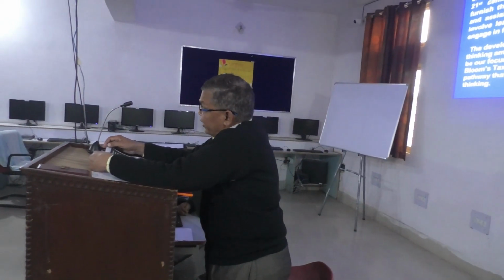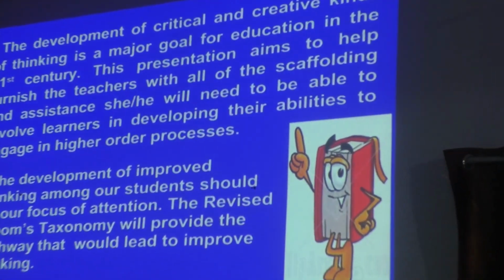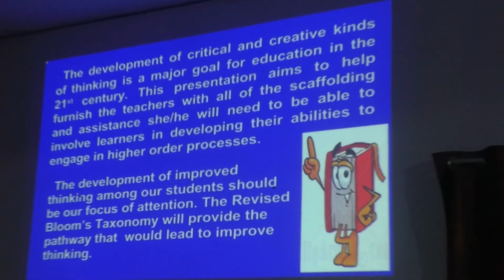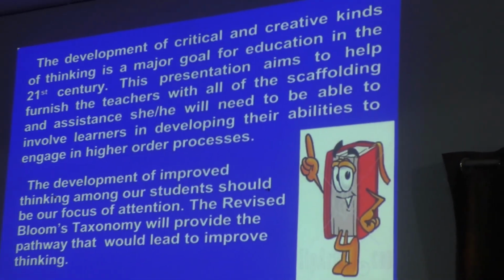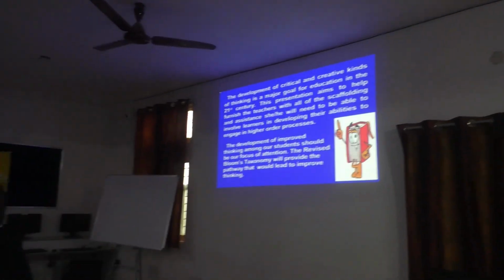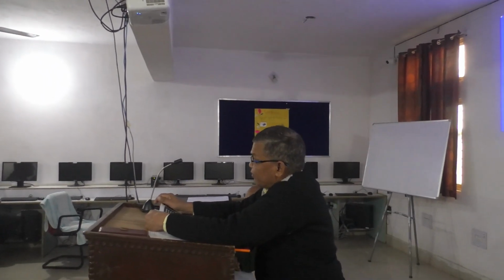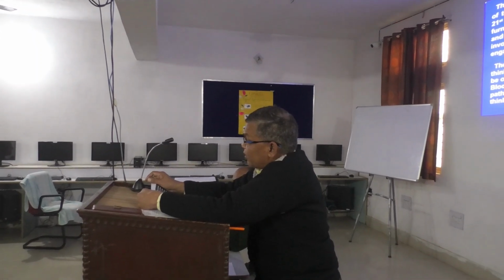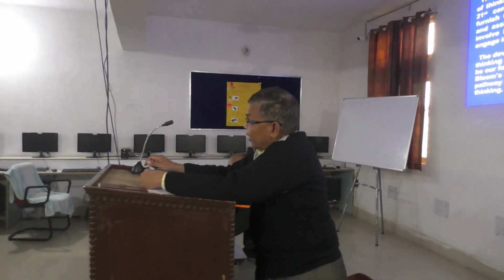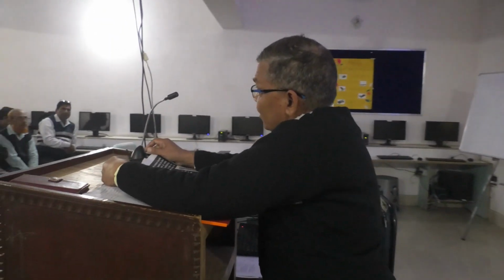The development of critical and creative kinds of thinking is a major goal for education in the 21st century. This presentation aims to furnish the teachers with all the scaffolding and assistance they will need to involve learners in developing their abilities to engage in higher order processes, that is, higher order thinking skills.